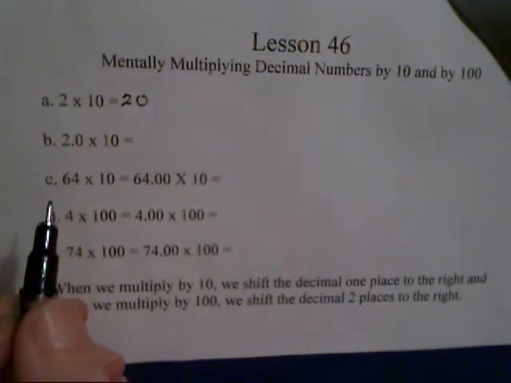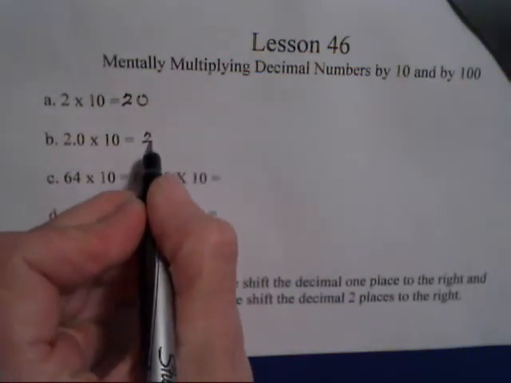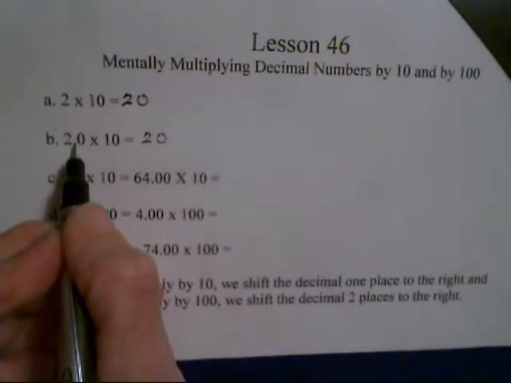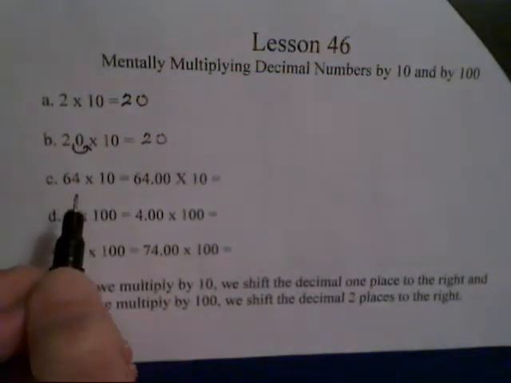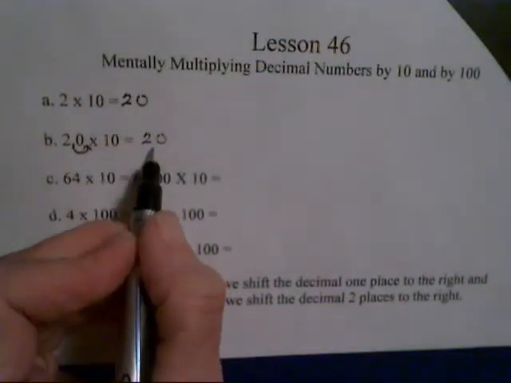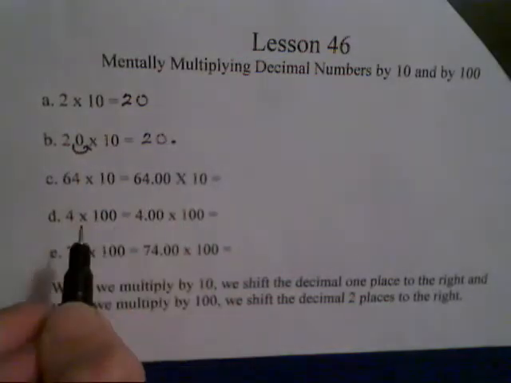If we think of this 2 times 10 as 2.0 times 10, and we know the answer is 20, the way you can think about it is when I multiplied by 10, I took this decimal from the 2.0 and I moved it over one digit to the right, because 2.0 times 10 was 20, so it's just like having a decimal right here. I moved it over one space.